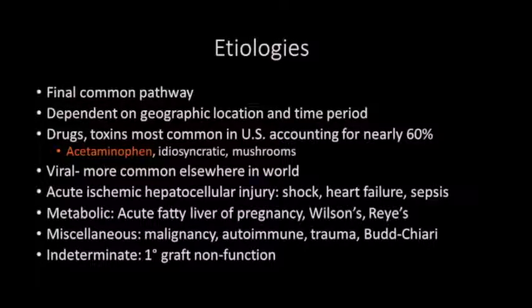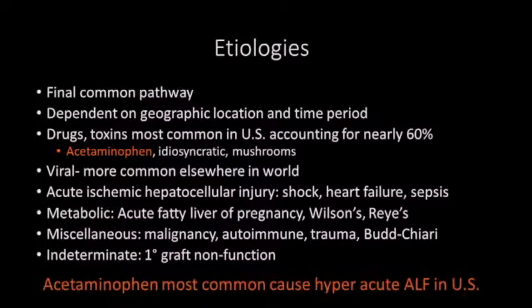There are various miscellaneous causes, as you can see, which we'll also discuss a few of, and of them, autoimmune hepatitis is probably somewhat more common than many of the others, and people think that may be the etiology for some of the idiosyncratic causes. We just are unable to prove it. Indeterminate causes include primary graft non-function in liver transplant patients. As I said again, acetaminophen is the most common cause of fulminant liver failure in the United States and also the most common cause of hyperacute liver failure.